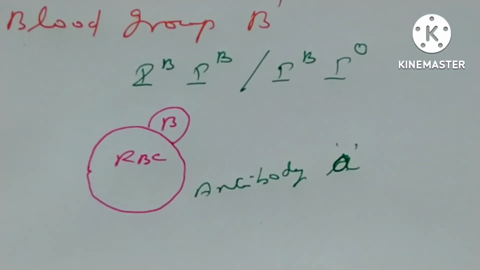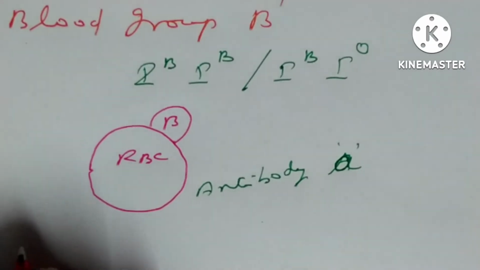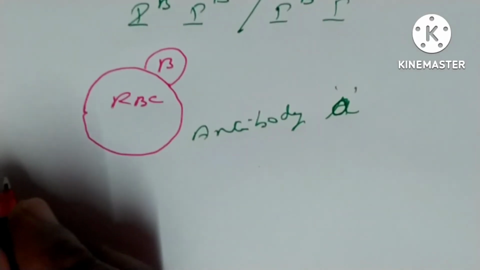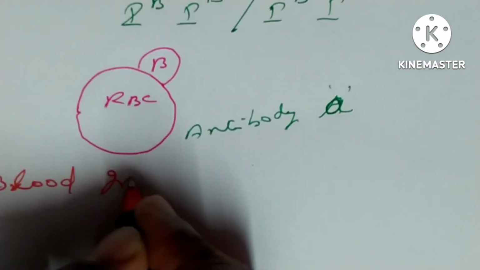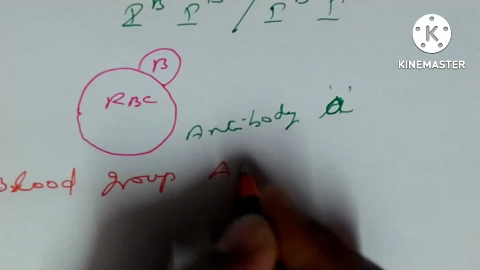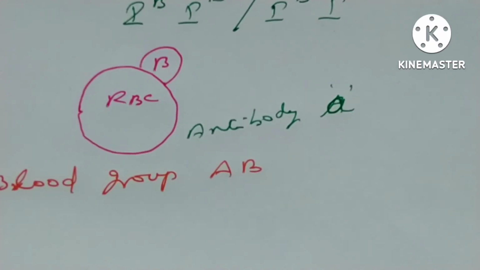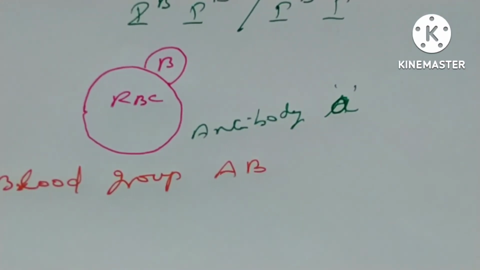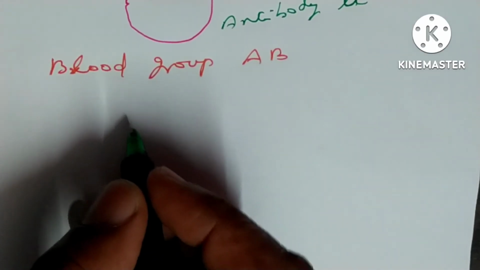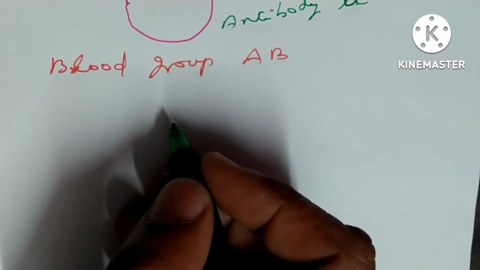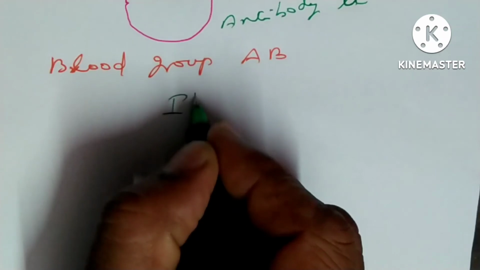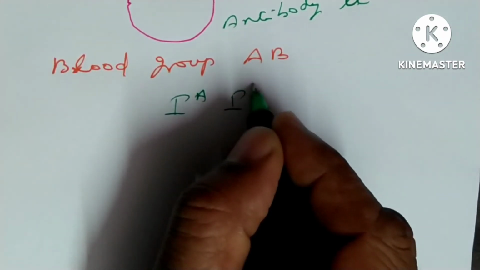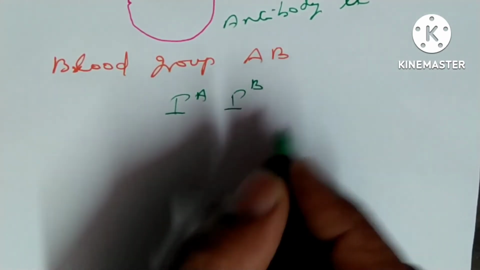Next one, blood group AB. Genetic makeup of this person is IA and IB.